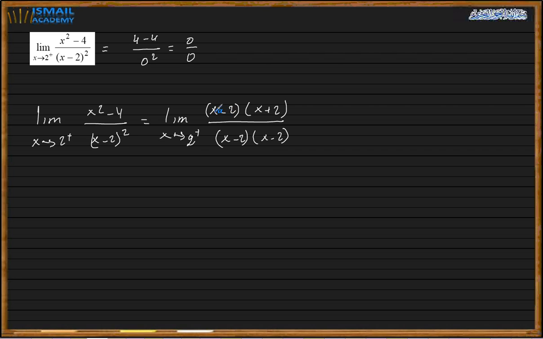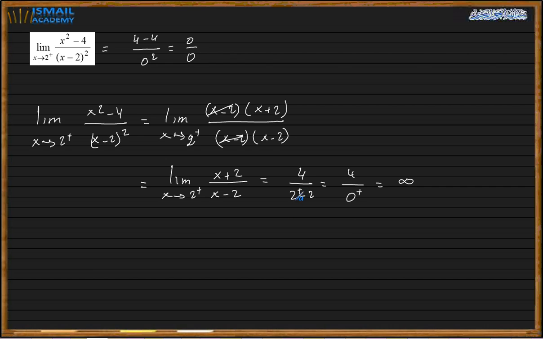So I simplify x minus 2. It's going to be the limit of x plus 2 over x minus 2 when x goes to 2 plus, which means I will have 4 over 2 plus minus 2, which means 4 over 0 plus, which is infinity.